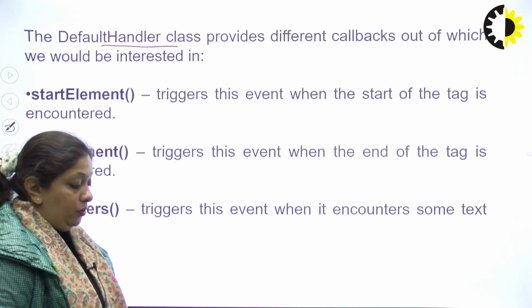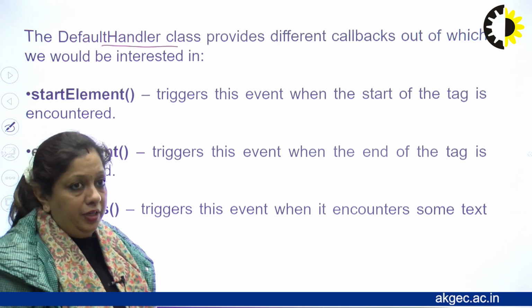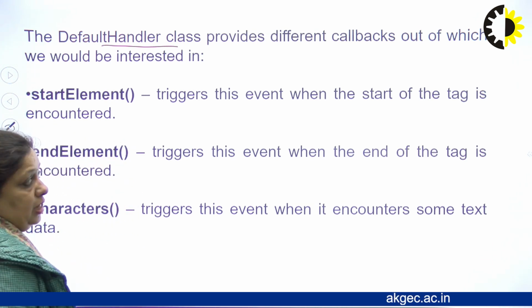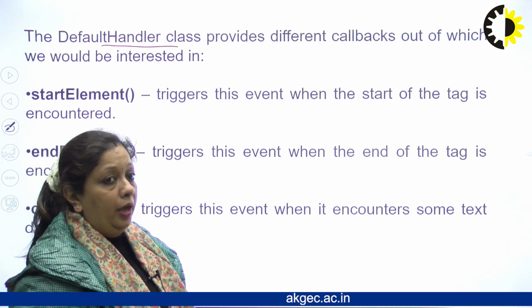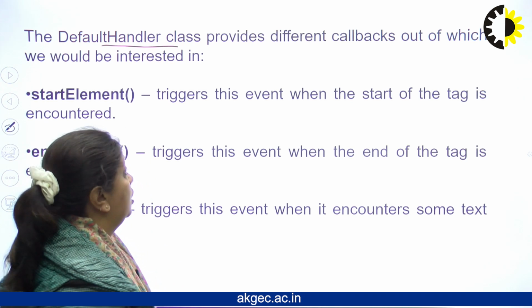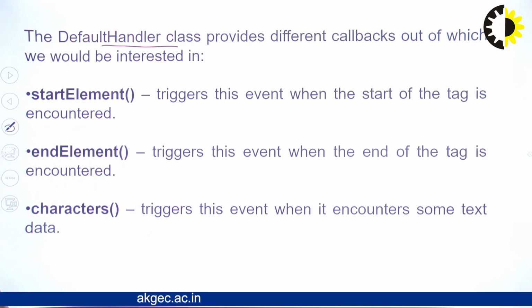As we have already discussed, a SAX parser is triggered by events, and the events can be the start of a tag, the ending of a tag, or any characters it encounters. So these are the methods which are there in the DefaultHandler class.